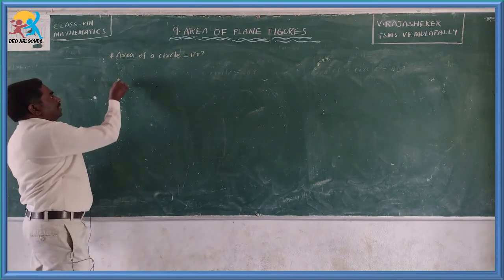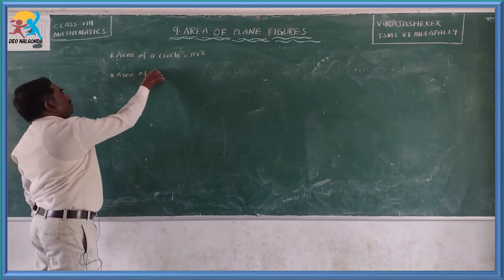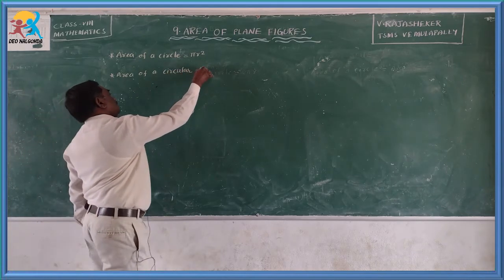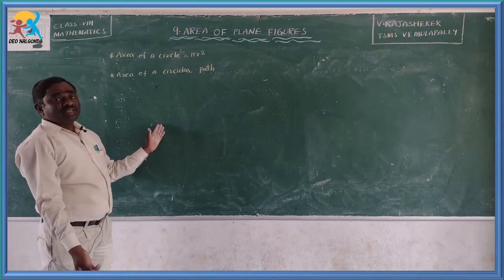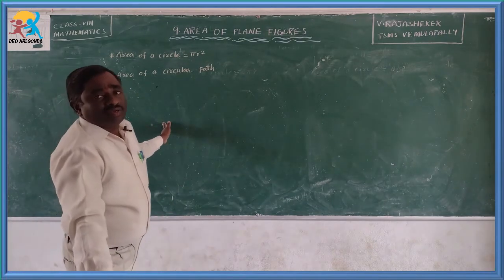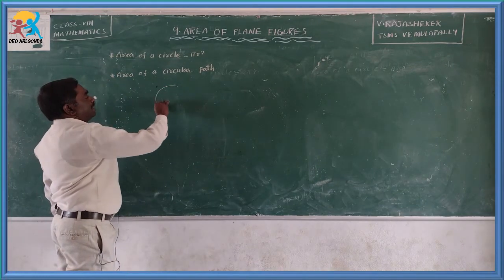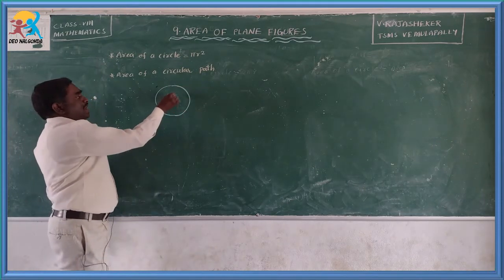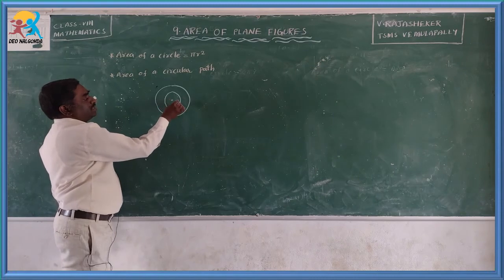Now let us find area of a circular path. So what is a circular path? See my dear children, see, it is a circle, and inside also there is a circle, with the same center.